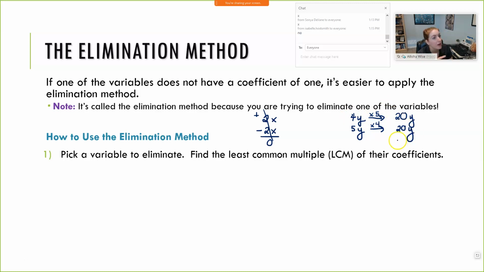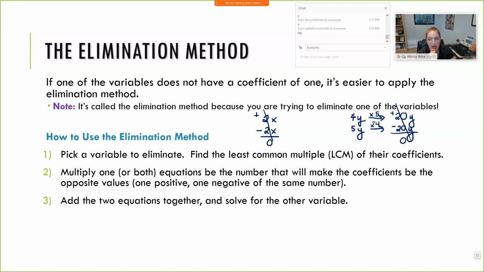You have the same number. The only thing you need to do now is make sure that one of them is positive and the other is negative. So if you have two positives, you need to throw a negative on one. That will make your second variable a negative, such that when we add them together, we get 0. And we'll go through different scenarios and look at different examples of that. But that's basically what we're doing.